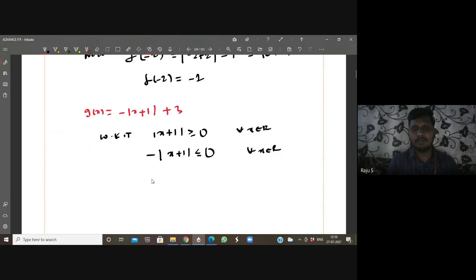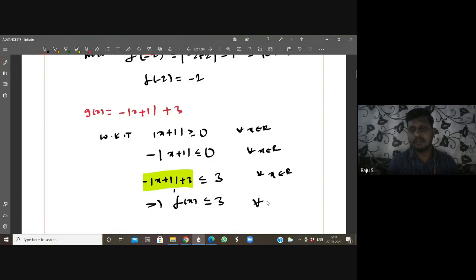Adding 3 on both sides, minus modulus of x plus 1 plus 3 is less than or equal to 3. The left side is clearly the given function, which implies f of x is less than or equal to 3 for every x belongs to R.